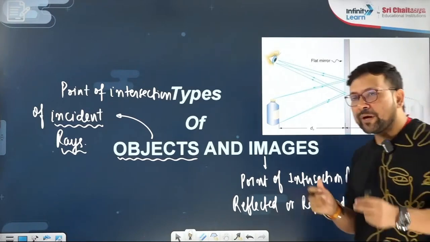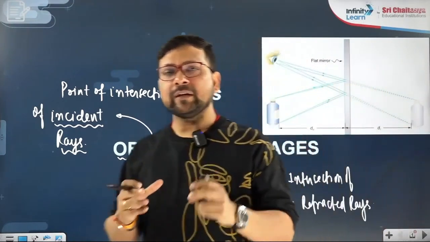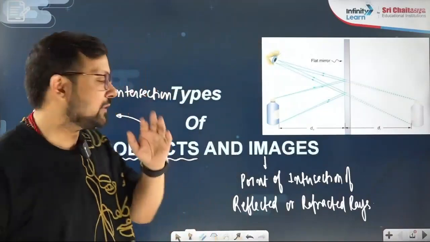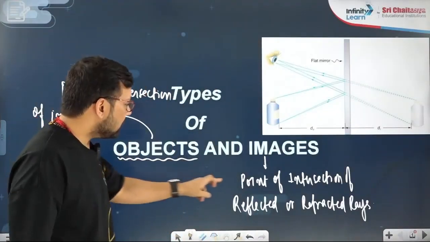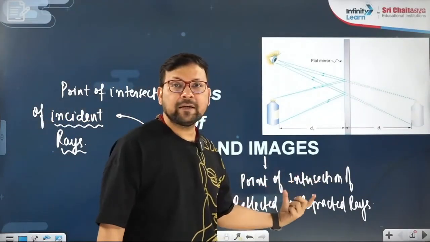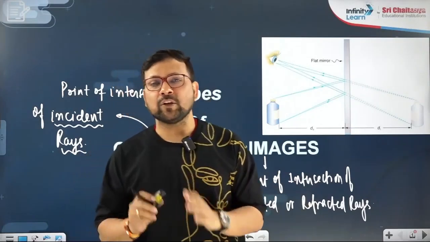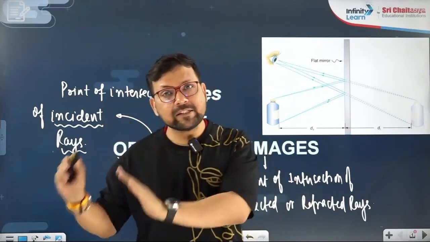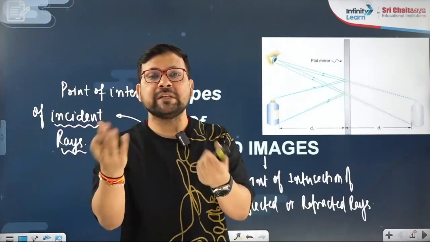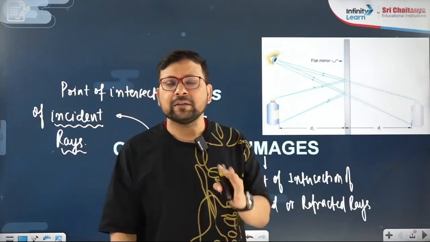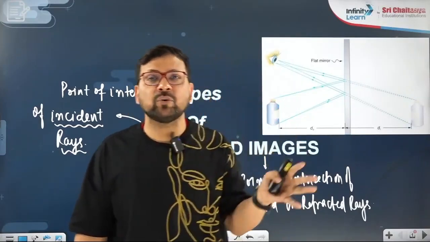So if you want to enter into the topic of object and image, you have to be very clear about incident rays and refracted rays. Object and image in ray optics are decided by rays, not by what we generally see and call an object. That is not the concept.